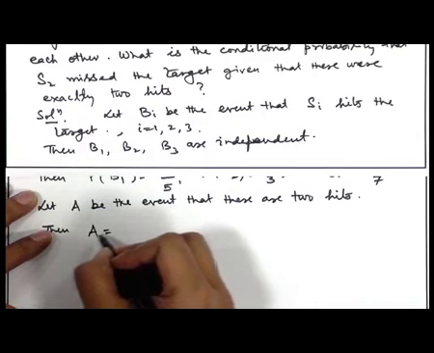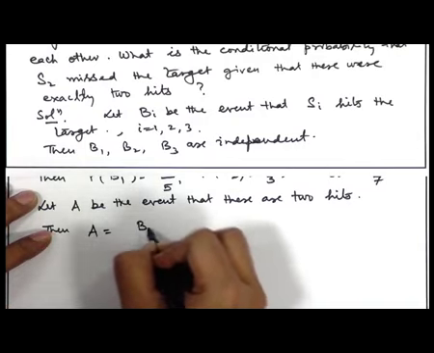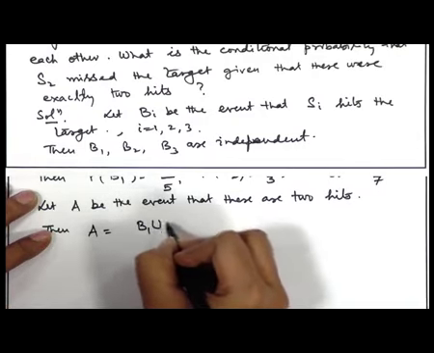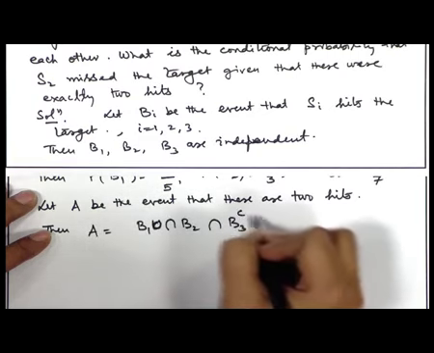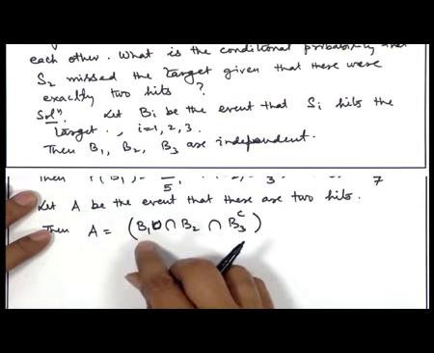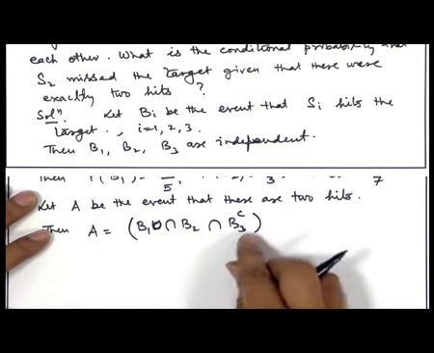So, we can say A is B1 intersection B2 intersection B3 complement. It means the shooters 1 and 2 hit and the third one misses.